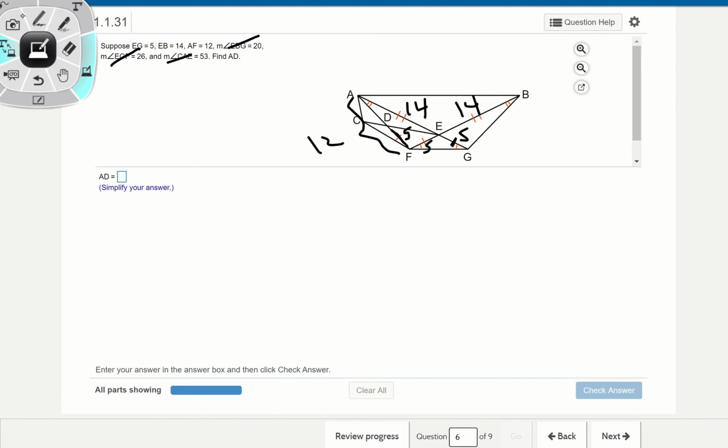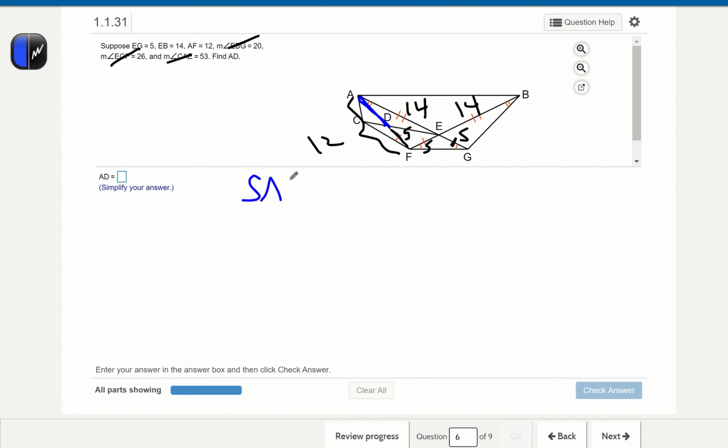Okay, so now in this example we're looking for AD, right? So we're looking for this one. Well, this is the segment addition postulate, the SAP. Because we know that the entire distance from home to school is 12 miles or whatever. And we're looking for the distance from home to the bus stop. And the distance from the bus stop to school is 5, right? So this is another segment addition postulate.